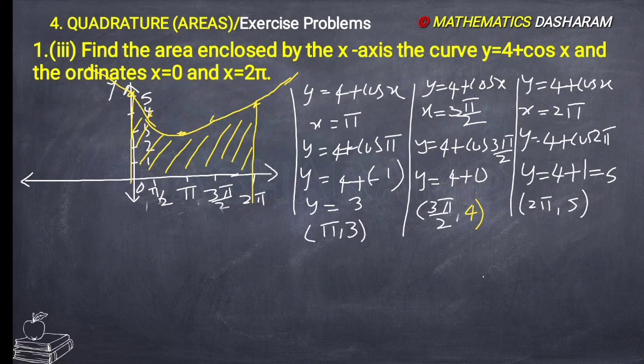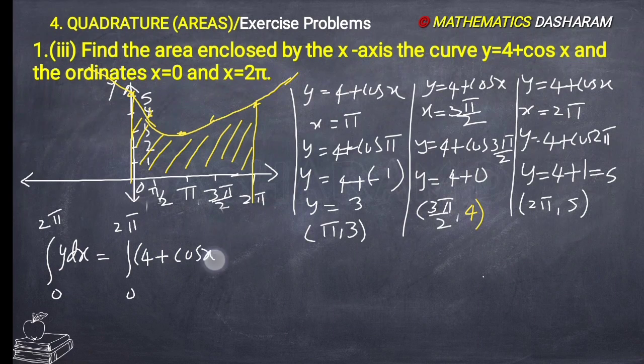To find the area, let us define the integral: integration from 0 to 2 pi of the given curve with respect to x. So integration 0 to 2 pi of 4 plus cos x whole dx.